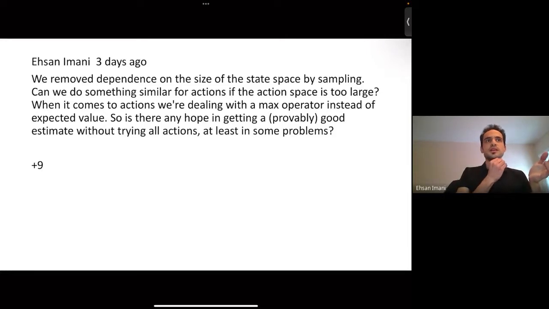Then I was thinking that, for example, we can assume the value is convex in the action. If you assume a continuous action space and the value is convex over the actions, then you can maybe sample a few actions and do a few optimization steps on that. But I didn't know if this is a reasonable assumption to make.